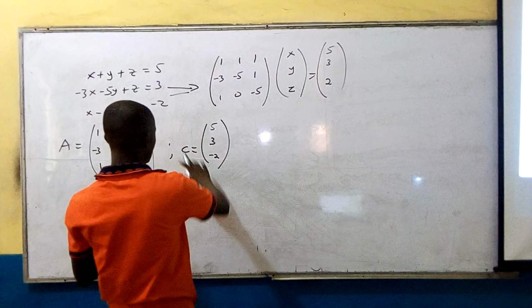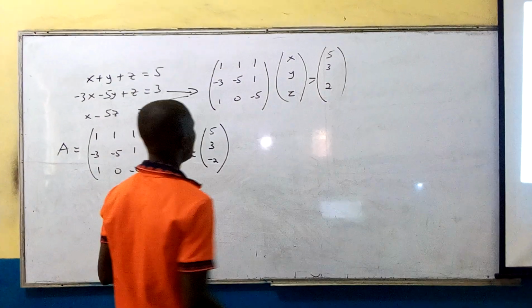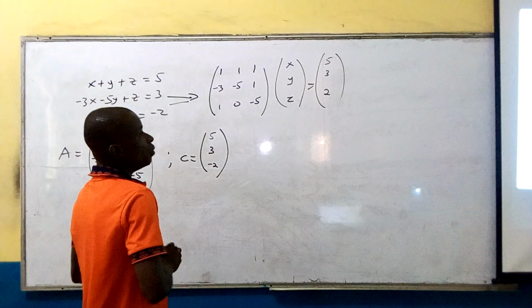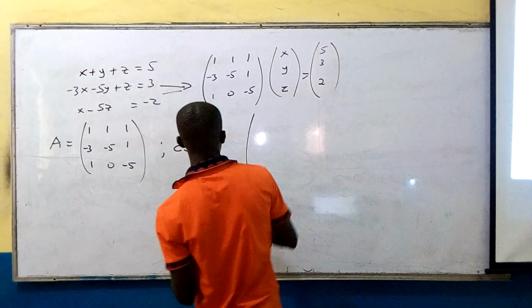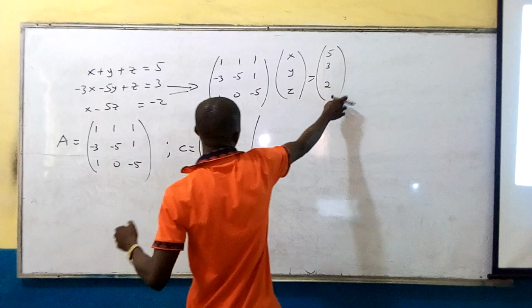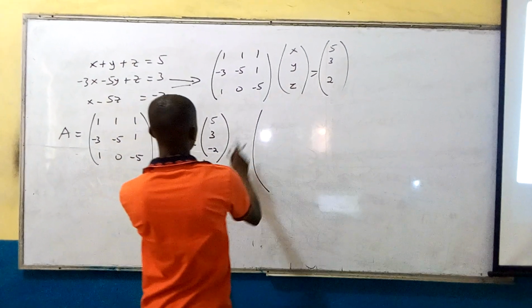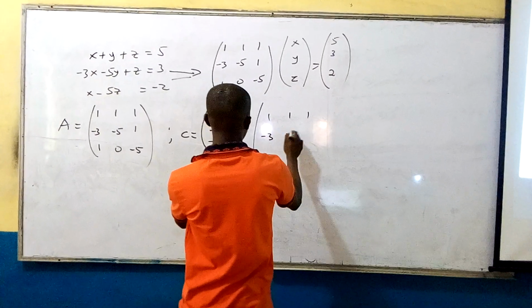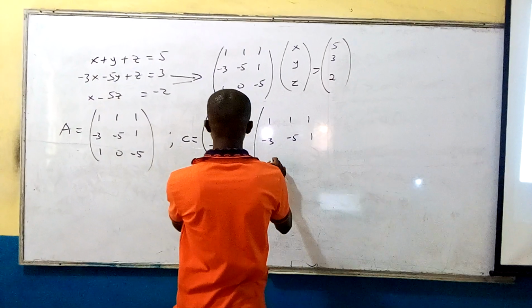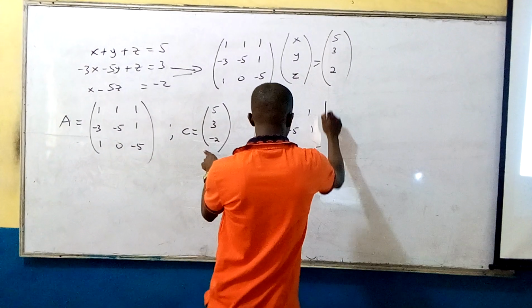Okay. So in solving, let's say we are solving these systems of equations with the matrix approach. When we say an augmented matrix, that means we combine these two matrices, right? This matrix A with C. So we have 1, 1, 1, negative 3, negative 5, 1, 1, 0, negative 5, and mostly we have a line here, right?